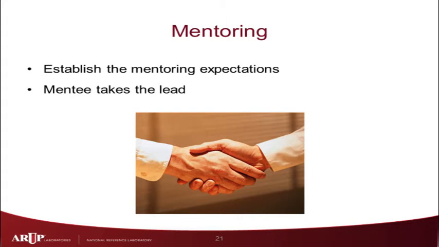The mentee should report back on these assignments. Debrief with the mentor as to what went well, what could have been improved, what would the mentor recommend. That mentoring relationship is really a learning environment for the mentee.